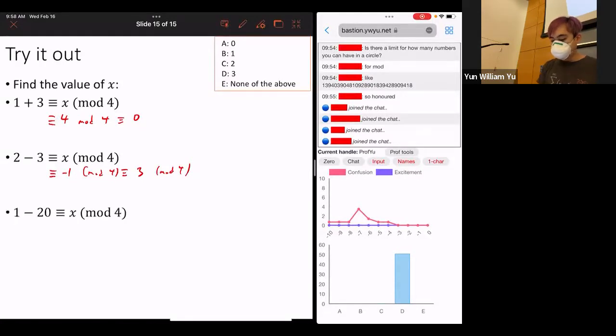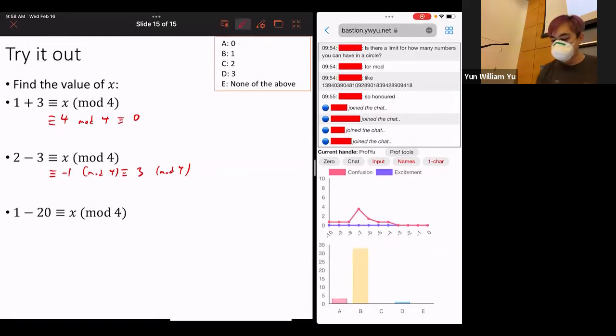Okay, what about 1 minus 20? So I take 1 step forward, and then I take 20 steps backwards. Okay, and one thing you might notice about the number 20 is that it's a multiple of 4.